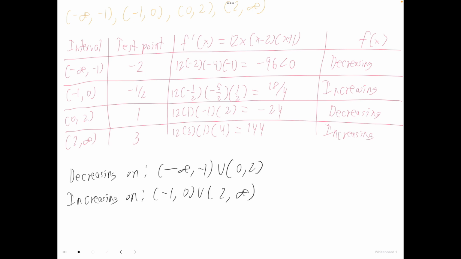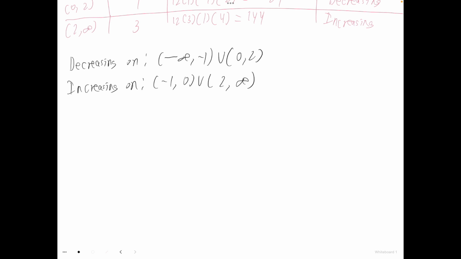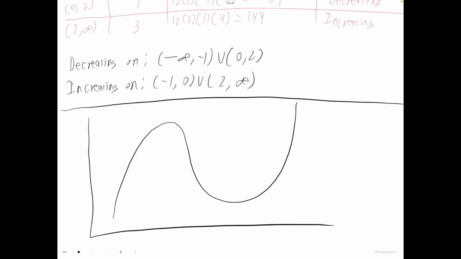Now, one benefit of this is that if we know how we're increasing and decreasing, that actually tells us more about minimums and maximums. If we look at a graph for a second, notice that the point where I change from increasing to decreasing is a maximum.